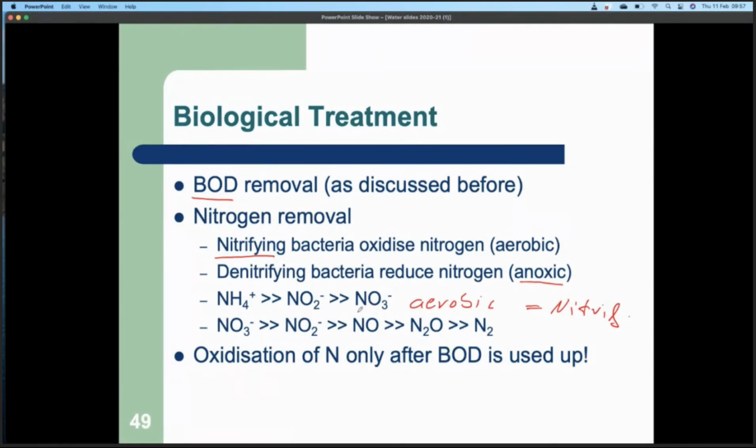But you will also know that nitrate is still a nutrient. It is still a fertilizer. In fact, if you look at several commercially available fertilizers, bag fertilizer, then quite often you will have ammonium nitrate. So ammonium nitrate is a salt out of ammonium and nitrate.